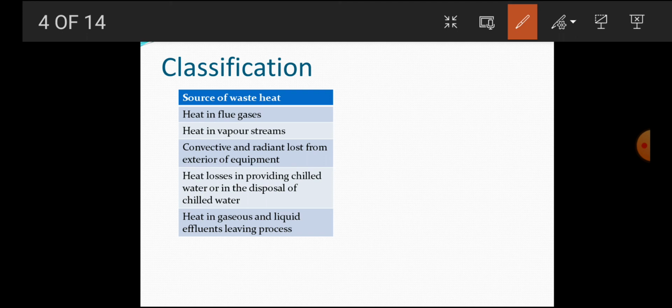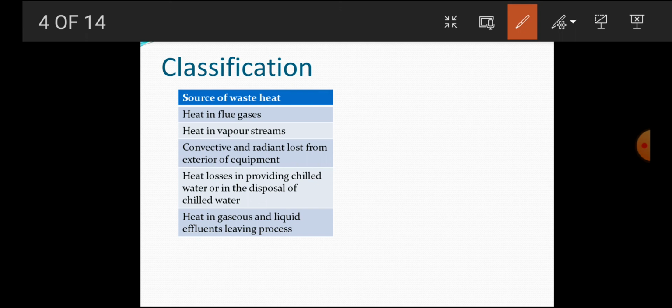If there is a possibility to recover the waste heat, we also need to see what grade of waste heat is being recovered. So here are the various sources of waste heat which we discussed earlier.